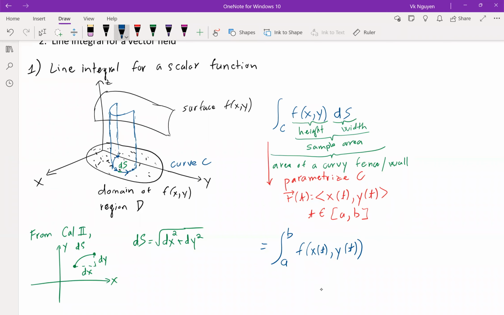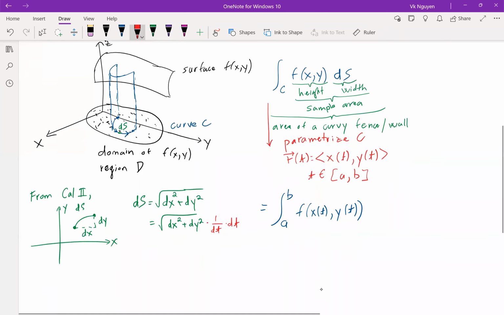The trick here is to multiply this thing by 1 over dt, 1 over dt times dt.